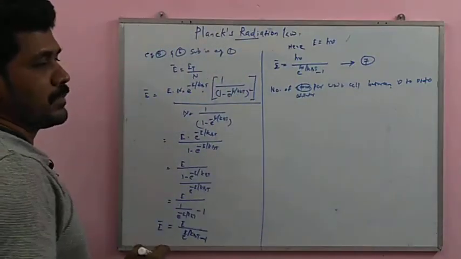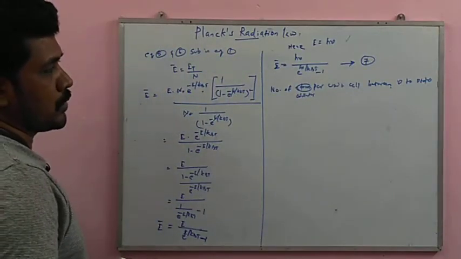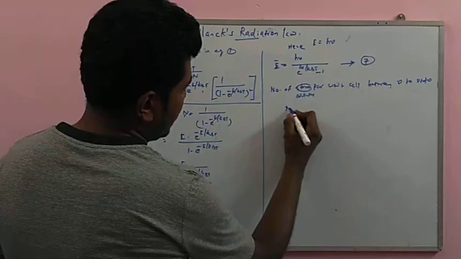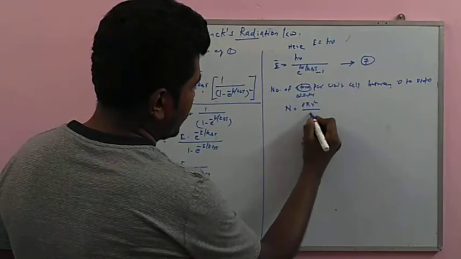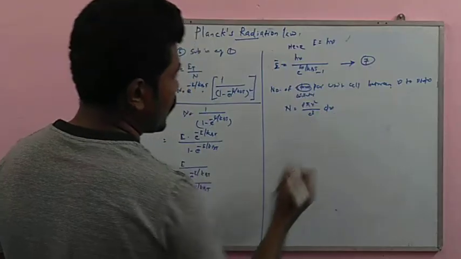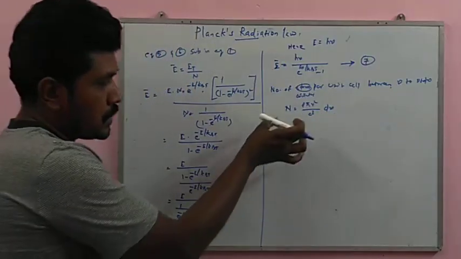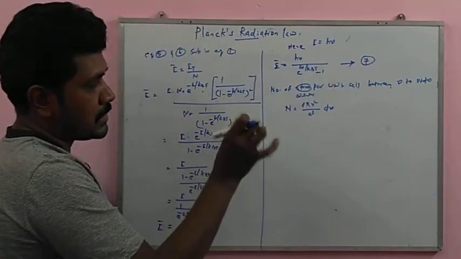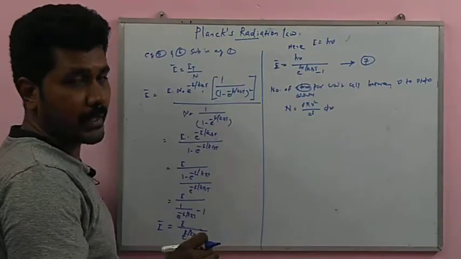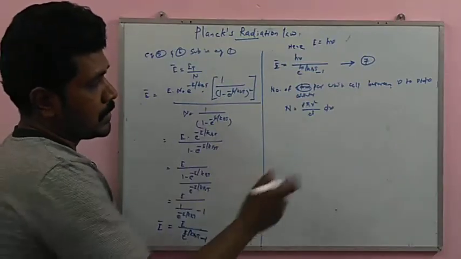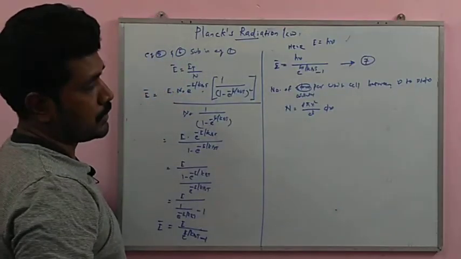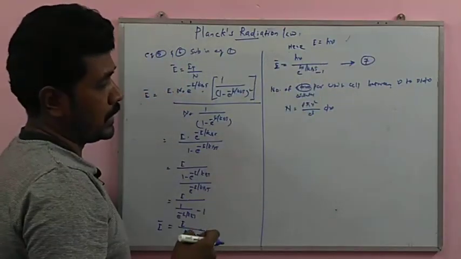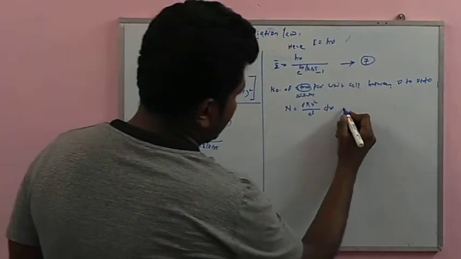The answer is n is equal to 8 pi mu square divided by c cube into d mu. This is the number of oscillators per unit cell for frequency mu to mu plus d mu. That is equation number 8.